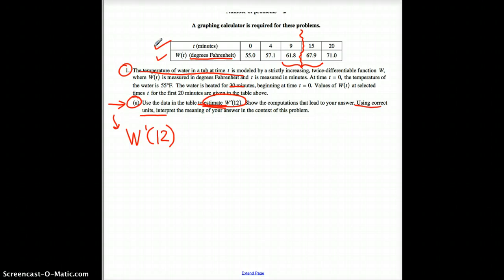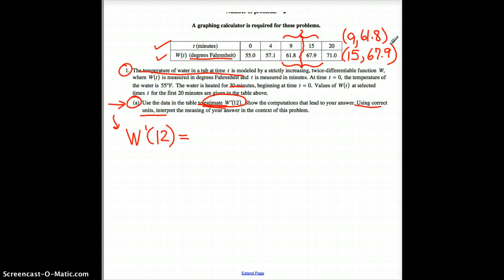And so what we are going to do is estimate that using the slope of the secant line. We're going to take the fact that we know what's happening at 15, and I could put it as points. I can say that I know that at 9 minutes in, there's 61.8 degrees, and 15 minutes in, it was at 67.9 degrees.